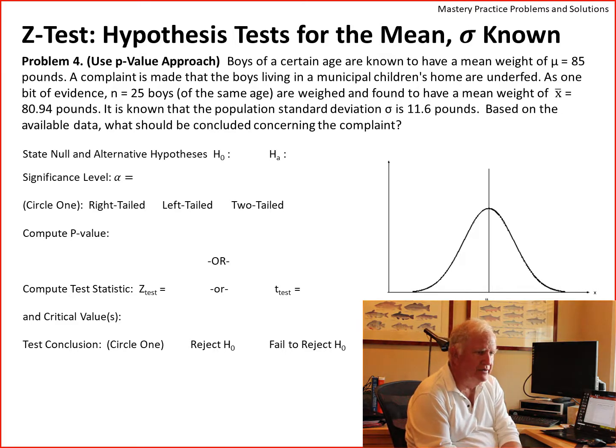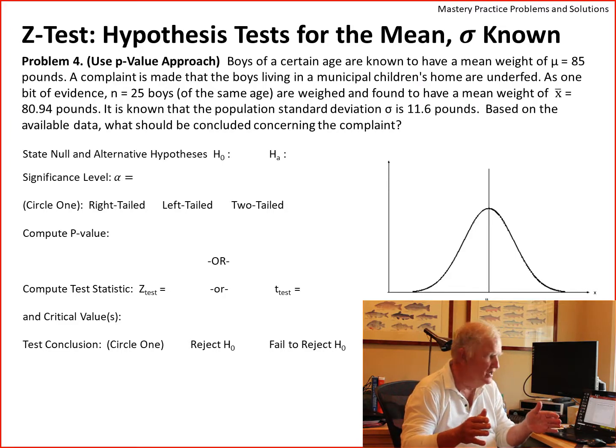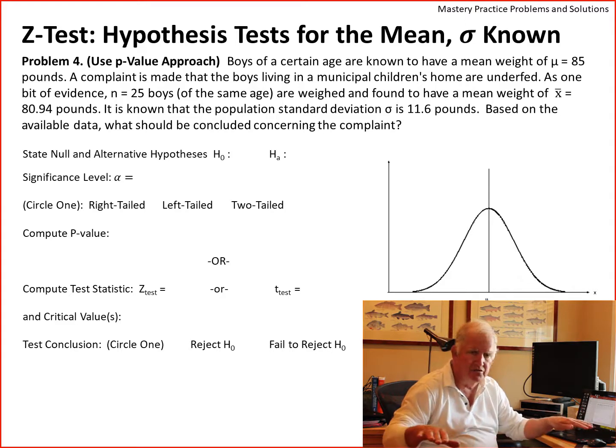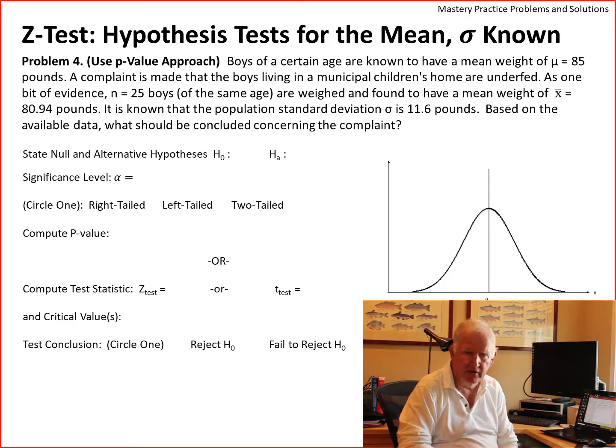So the p-value, you do just about the same thing. It's really just changing a point of view. But rather than comparing values along the x-axis or the z-axis, we're just going to compare areas. Because the areas, remember, are probabilities.